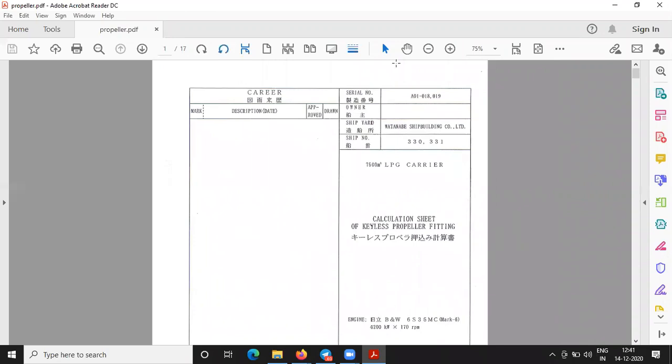These are the ones which are provided by the yard. The manuals in relation to equipment will have the operating principle, how it is operated, troubleshooting, all those things. But here these are the things which are provided by the yard.